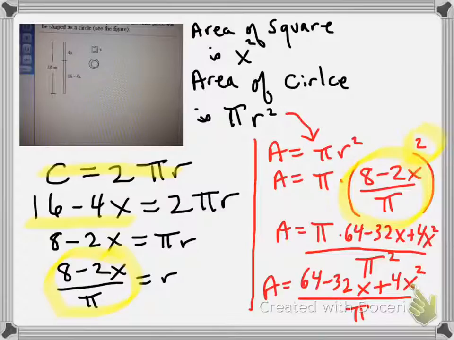That's what you get when you take 8 minus 2x and square it, divided by pi squared, which is of course pi squared. And then one of the pi's cancels, the one in the top cancels with one of the ones on the bottom, leaving you with just pi. So that's the area of the circle.